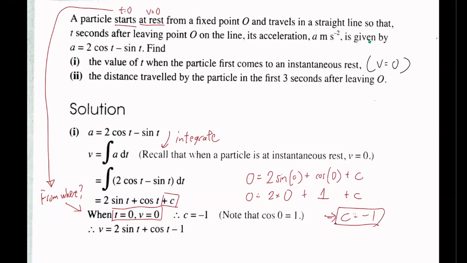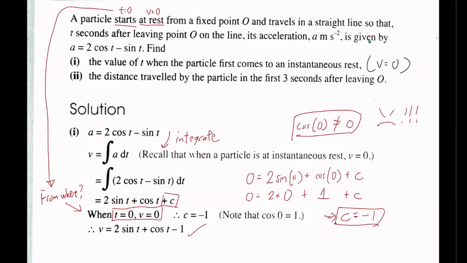So you see, sometimes c is not 0, because cosine 0 is 1, not 0. Warning! It's not always c equals 0. Now that you have c equal to -1, you sub in and get your formula for v.